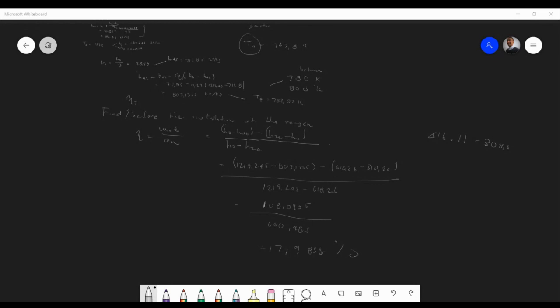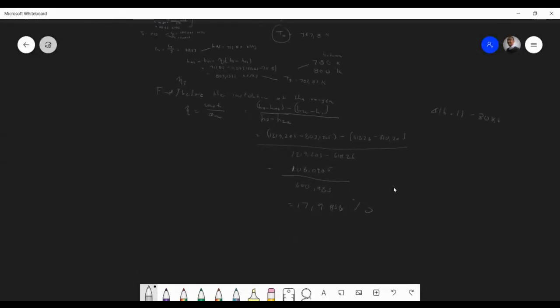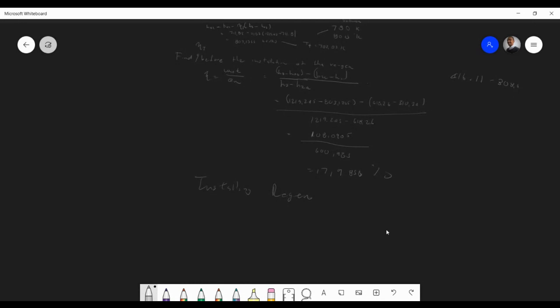Okay, thank you. So when you install the regenerator now, we know that our Q in is going to be H3 minus H5, and now we've got to calculate H5. Our formula for H5 is this, with an effectiveness of 0.65, as you remember.